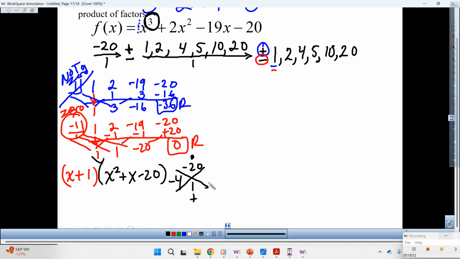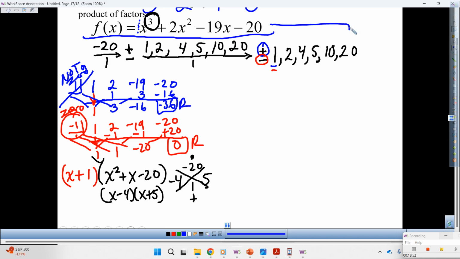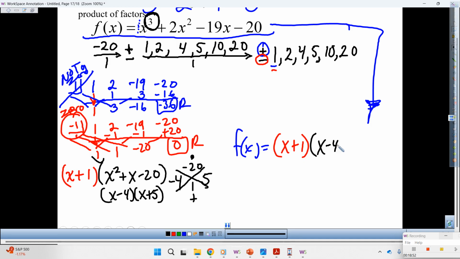Negative 4 and 5. So this turns into x minus 4, x plus 5. Are we there? So we're pretty much done. Check this out. Now I just need to rewrite this in factored form. Here it goes. I start with what? f of x equals, what do I have here? x plus 1 times x minus 4 times x plus 5.